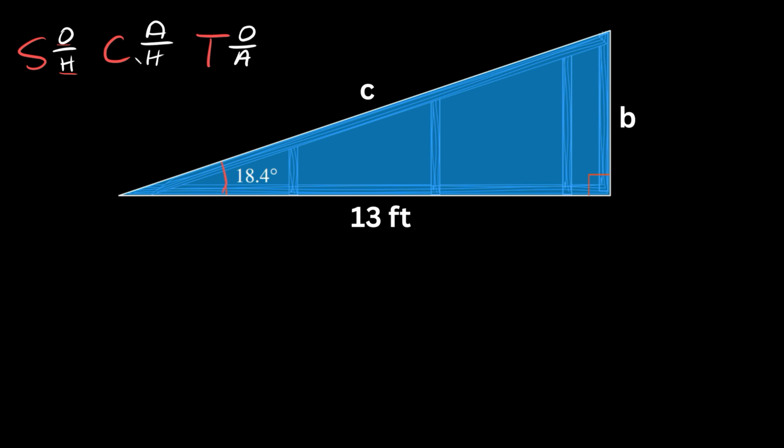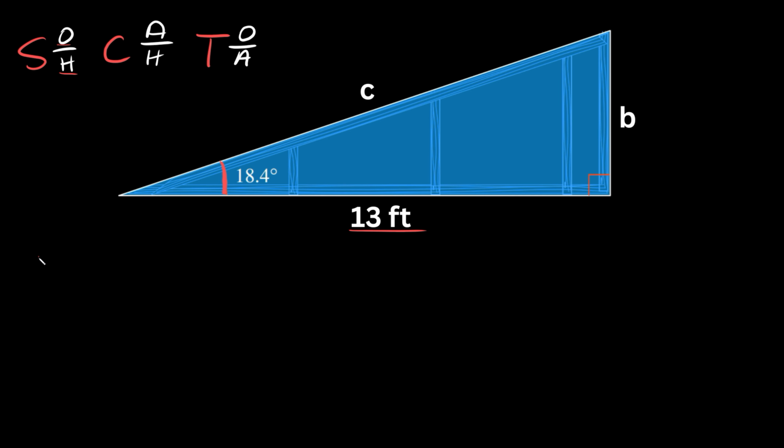What about cosine? Well, for cosine, we need to know the adjacent side and the hypotenuse, all right? So for this angle, we do know the adjacent length. It's 13 feet. And we still don't know the hypotenuse, but that's okay. So let's say that we want to use cosine of an angle is equal to the adjacent side over the hypotenuse.